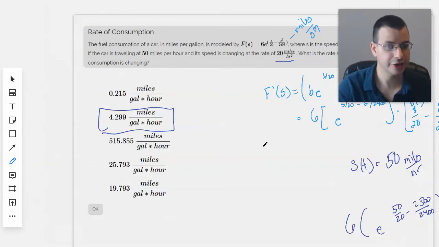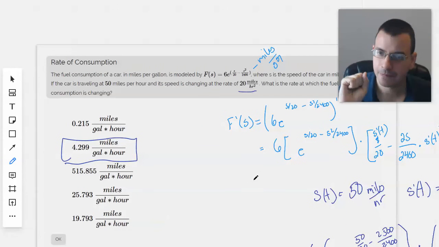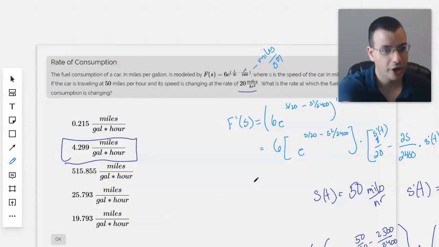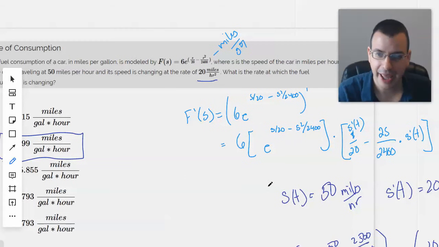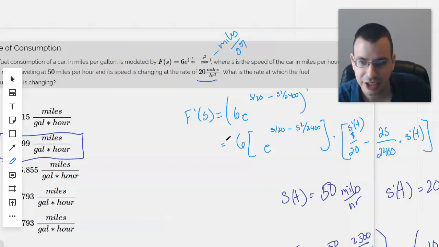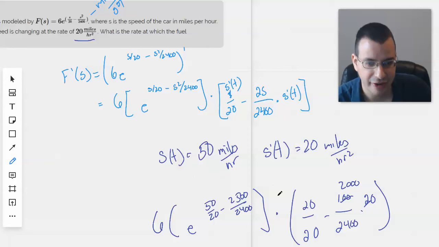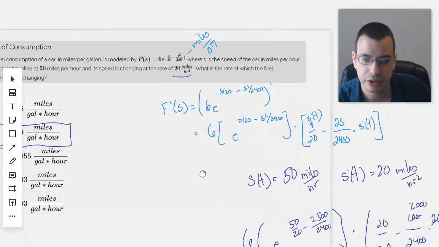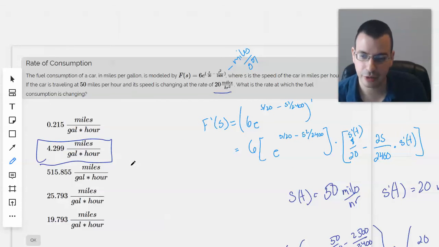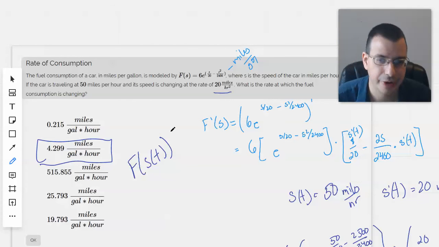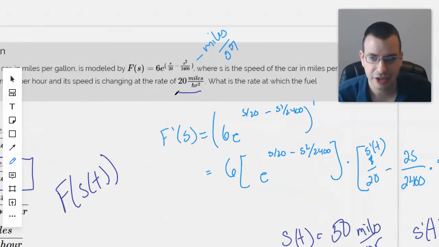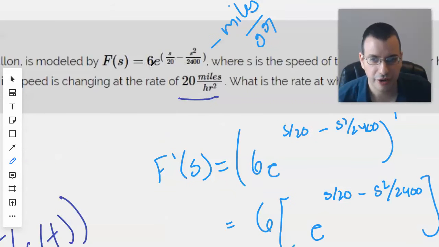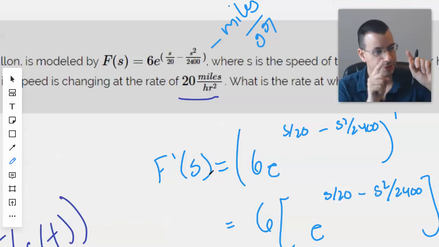So the idea here is you're given a question, you write it out, and you're given an f of s of t. So you're given a fuel consumption that's related to speed, which is also related to time. You take the derivative of that, so you take the chain rule of the exponent.